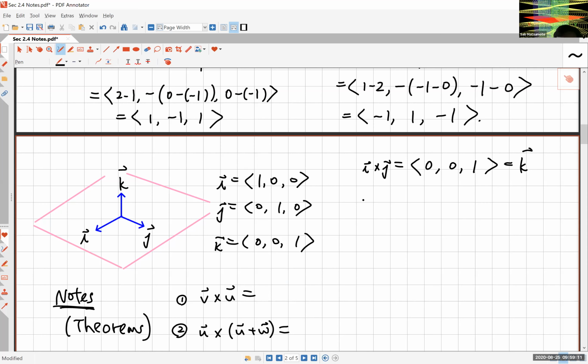And how about J cross K? All right, J cross K, it looks like it's 1, 1 minus 0, 0. And the other ones are always just going to be 0, just because there are so many zeros. And that's just I, right? And if you want to write K cross I, it's hard to do here. Maybe I should write I again here, 1, 0, 0.